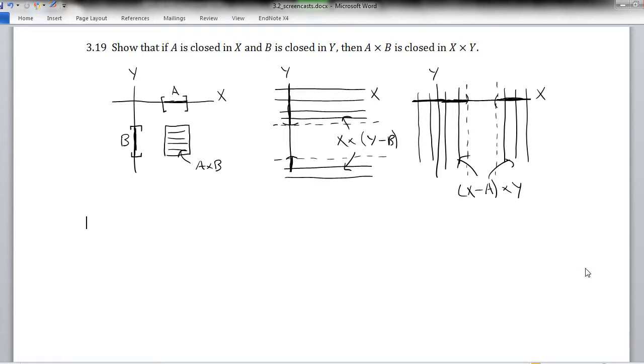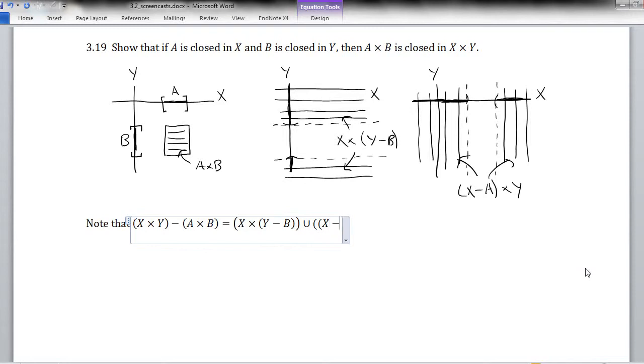So first, we would like to note that the complement of A times B, so X times Y minus A times B, is equal to, well, X times the complement of B in Y, union, well, the complement of A in X times Y. Okay.